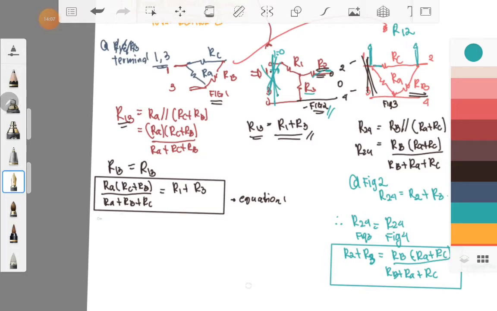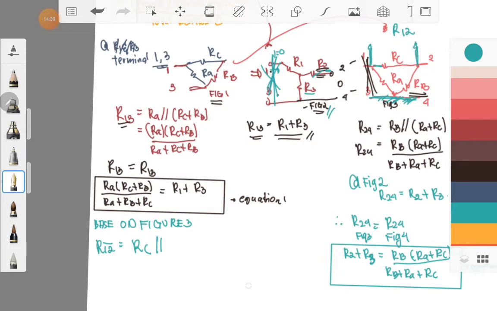At my R12 based on figure 3, my R12 is equal to our combination of RC in parallel with our RA and RB, kasi ito mag-short to, mag-zero to kasi walang papasok na current dyan. Okay?